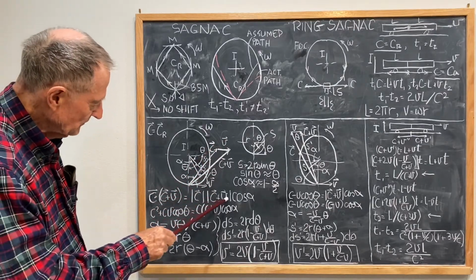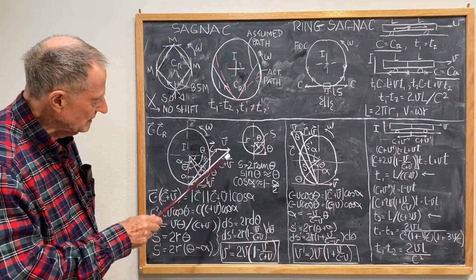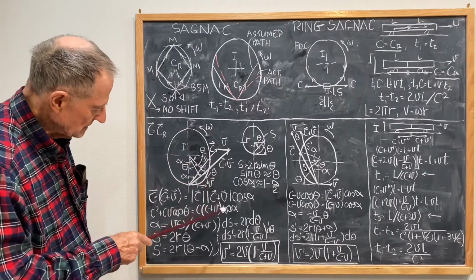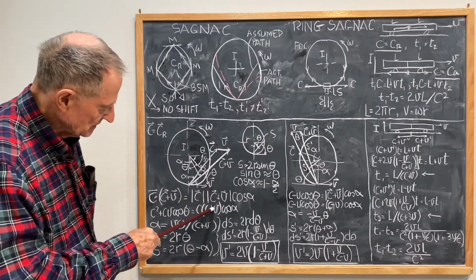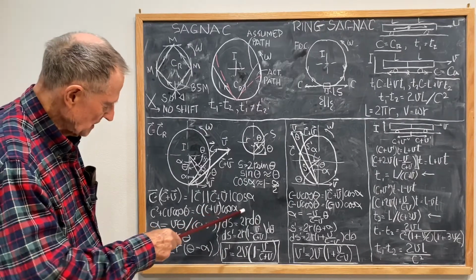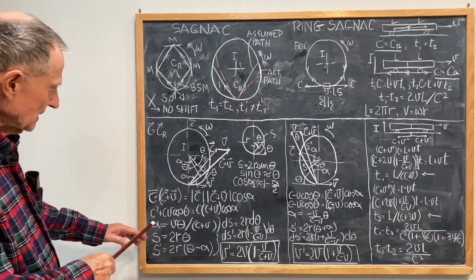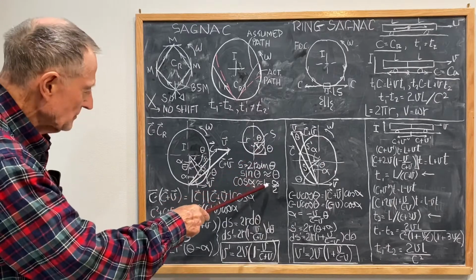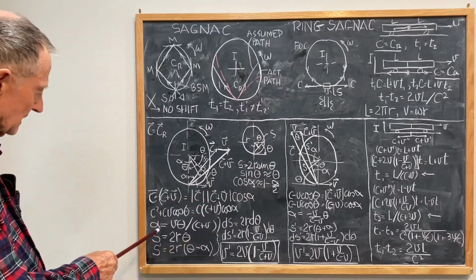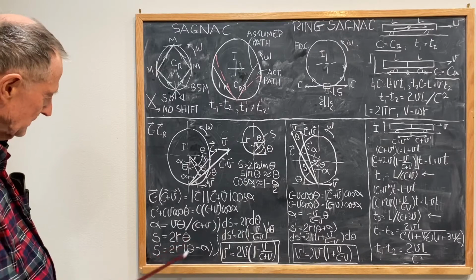So c plus v is approximately the magnitude of c plus the magnitude of v, and that's multiplied by cosine alpha. Then if you use these approximations here, you find that alpha is v theta over c plus v.